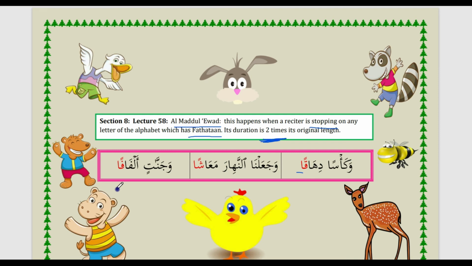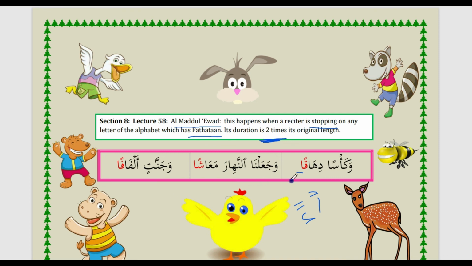If you open your Qaida and look at fathatan, you will see an alif is written after all the letters of fathatan, except for alif itself, which is written just like this, or if you have hamza, it's written just like that. But the rest of the letters have an alif in front of them. It's an alif that is written, but it's not pronounced.